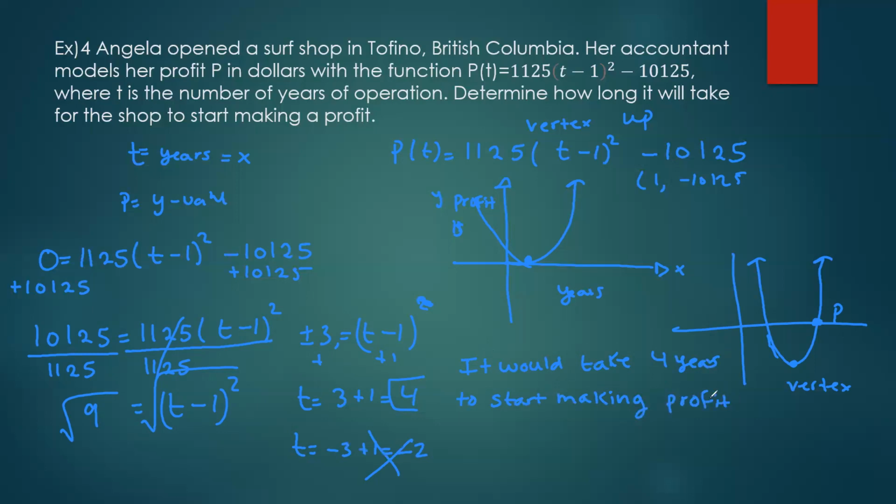So in this problem, we did not have to find the x value of the vertex or the y value of the vertex. We had to find one of the x-intercepts. Okay, go ahead and copy and pause before we move on to the last one.